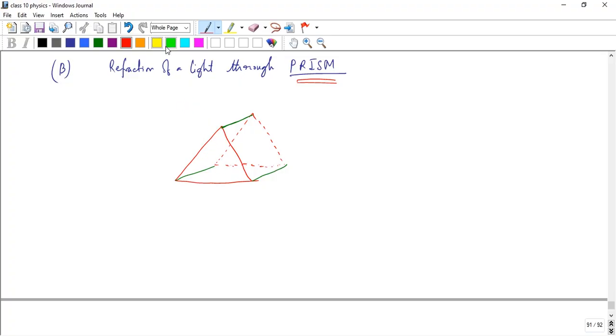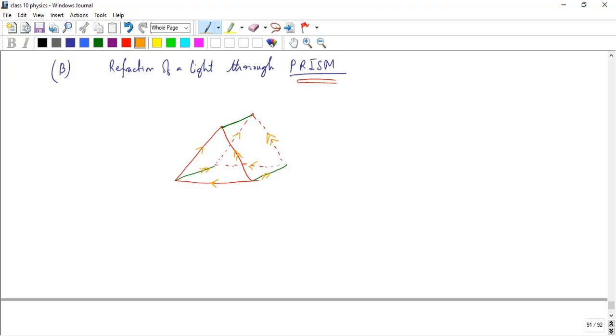So these two triangular cross sections are parallel, because this line and this line are parallel, this line and that line are parallel, and that line and that line are also parallel.